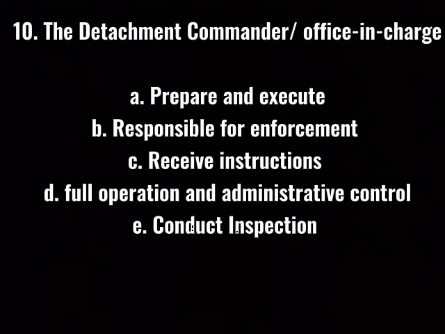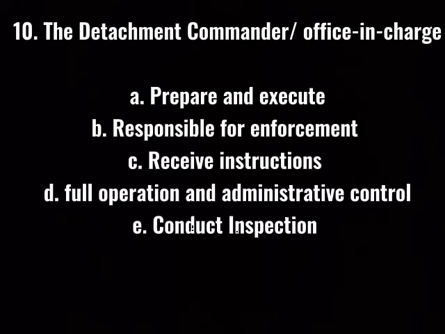The specific duties and responsibilities of the Detachment Commander, Officer in Charge. The detachment commander officer shall command and be responsible for a certain detachment with 15 or more security personnel under him.